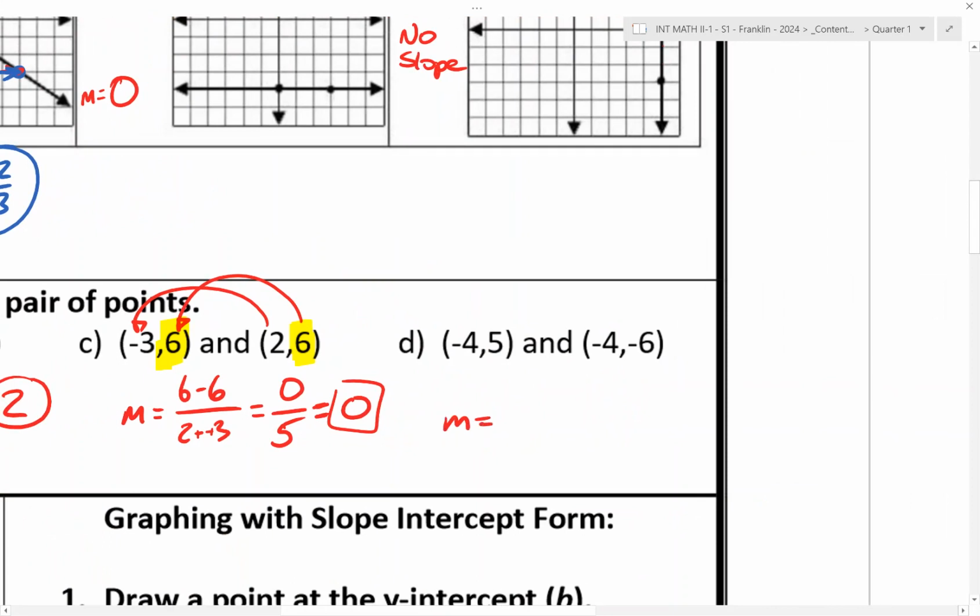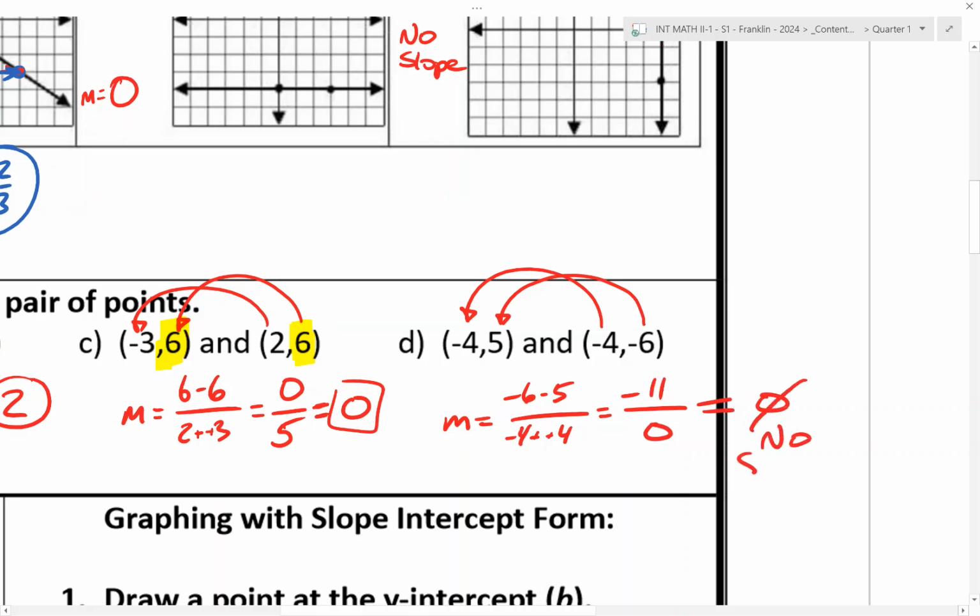Looking at the next example, you can maybe see what's going to happen here. Negative 6 minus 5 on the top, and negative 4 minus negative 4 on the bottom. So we get negative 11 for the rise, but on the bottom, negative 4 plus 4, that is 0. And you can't divide by 0, so this is no slope, or undefined slope.